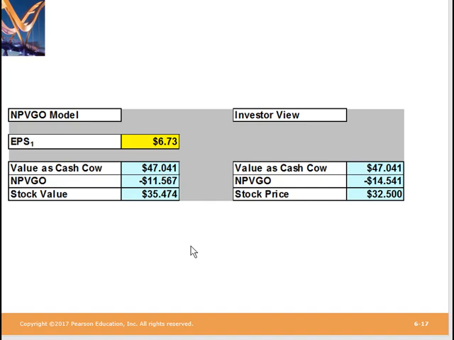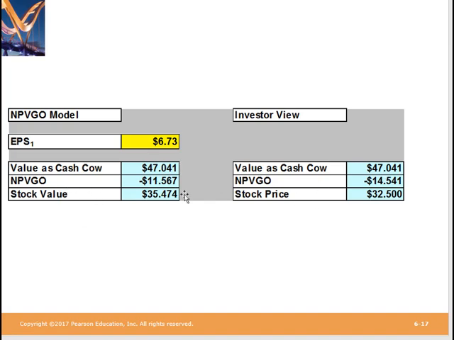So this all goes into that model we used earlier. We can look at this from two views. We can look at it from the investor's view using the current stock price, or we can use the stock value that was created by the dividend valuation model.